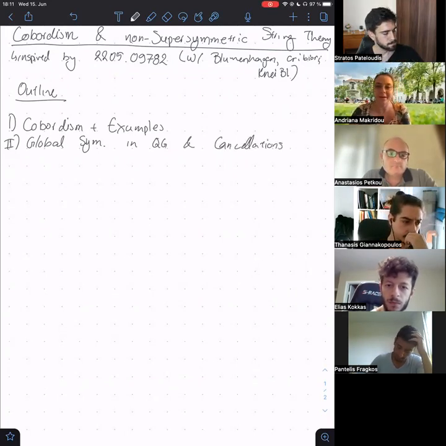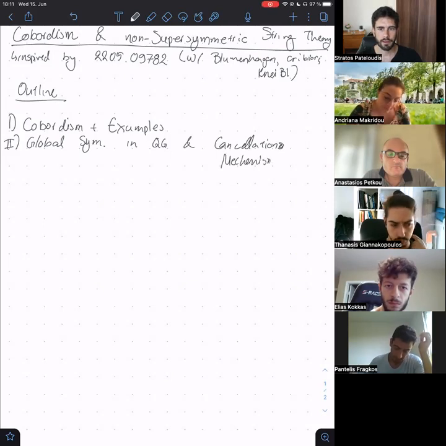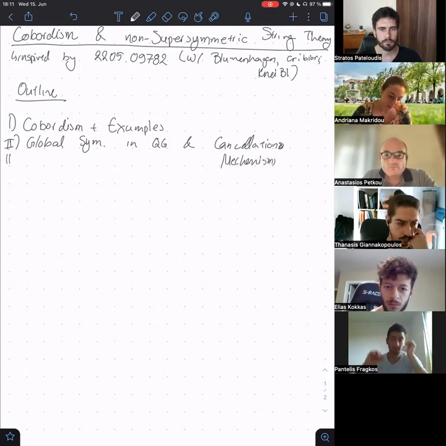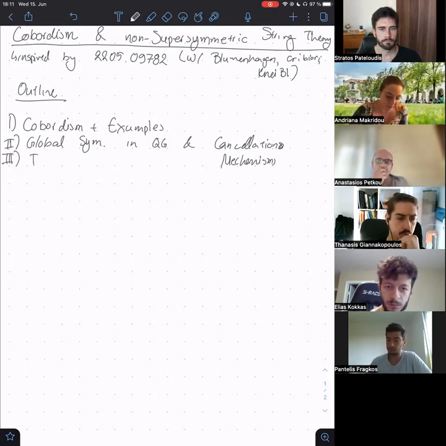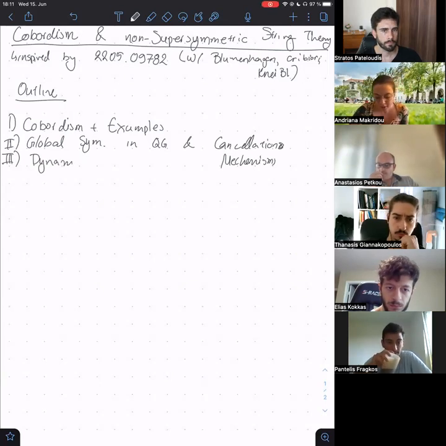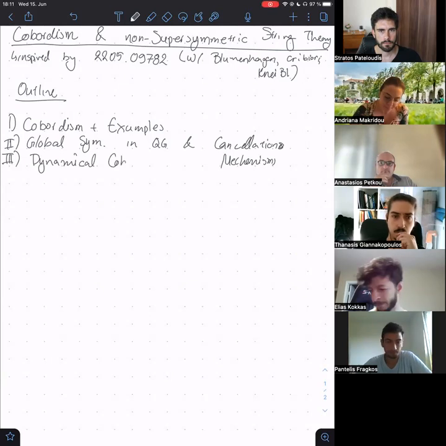These global symmetries are claimed to be inconsistent. The third part is an idea that is very related to the actual cobordism, but also to the cancellation mechanism. It's dynamical cobordism, introduced recently by the group in Madrid.